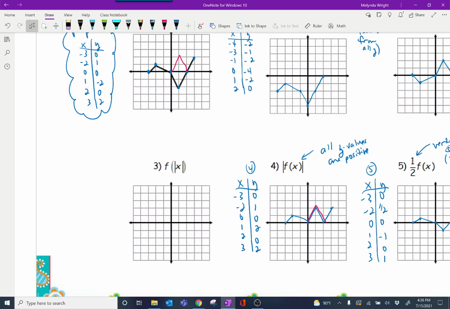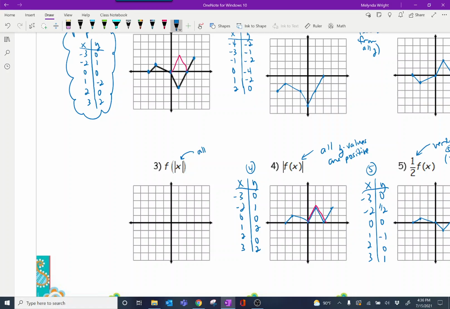Okay, so let's think about what it is that's happening. What is happening is all of the x values have been turned positive. So let's write this down.